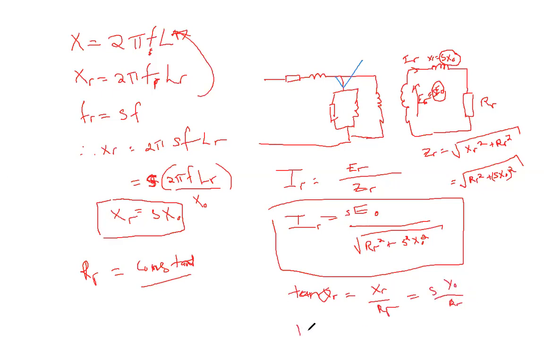And your power factor is going to be cos of theta R. You know this stuff. We already know this, so let me see the next thing that I have to talk about.